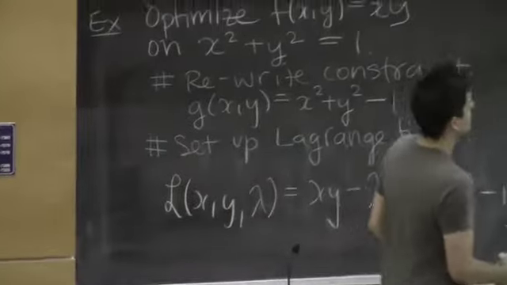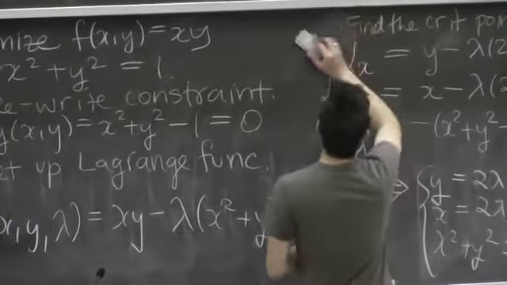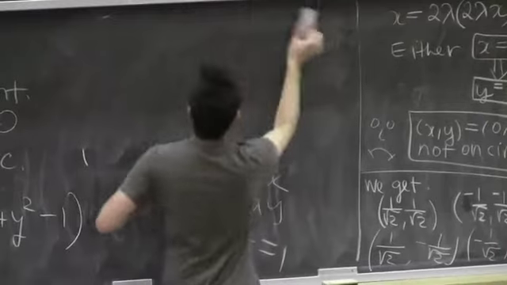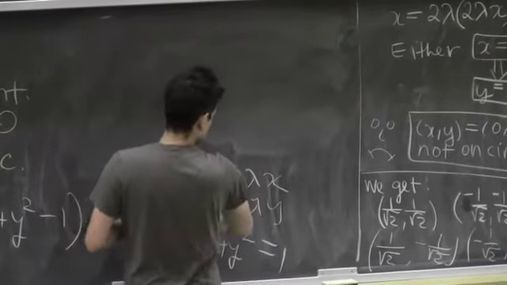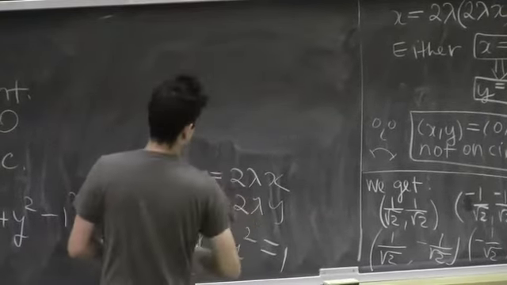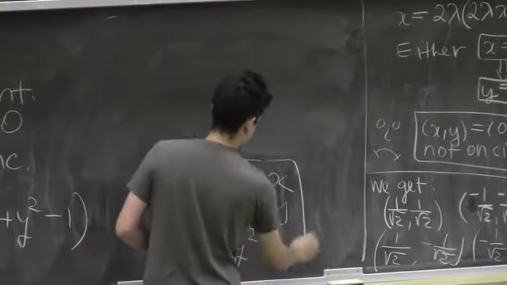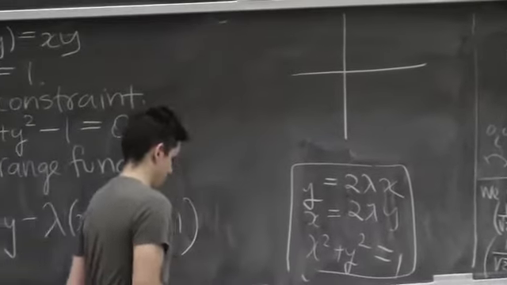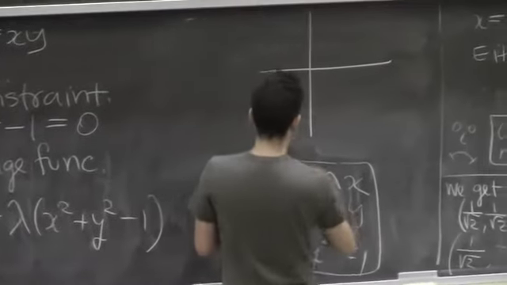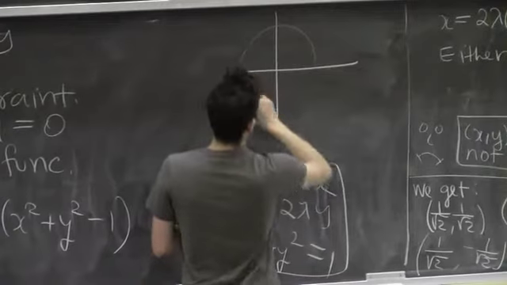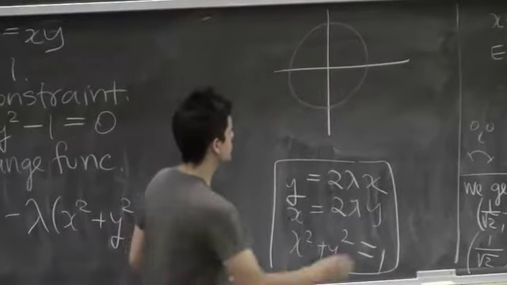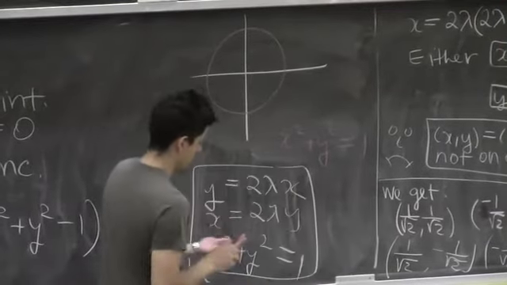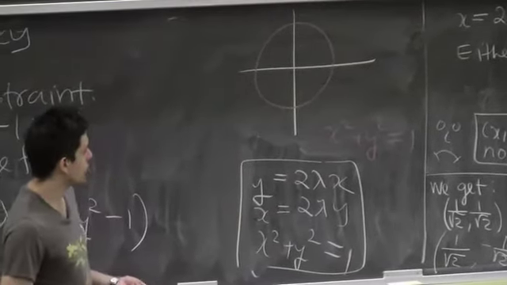Okay, so let's finish up by drawing what these are. Okay, so there's our unit circle again. Right, and now we've got 4 points.